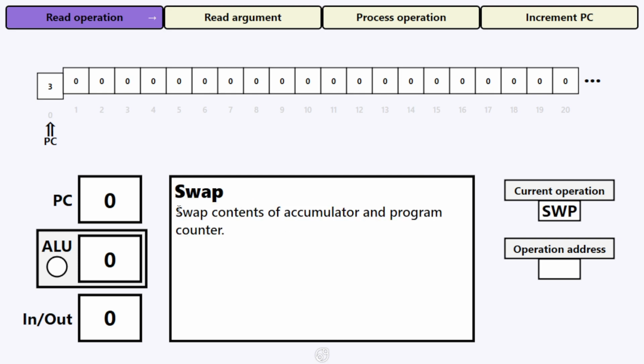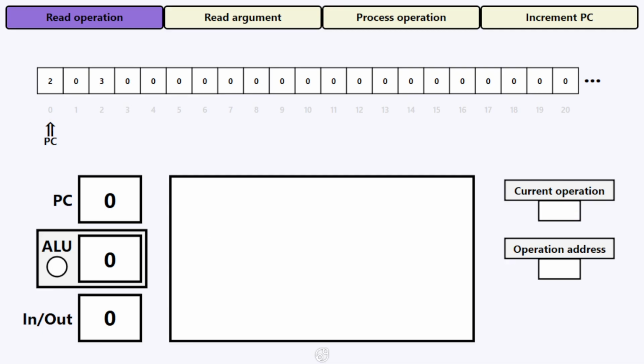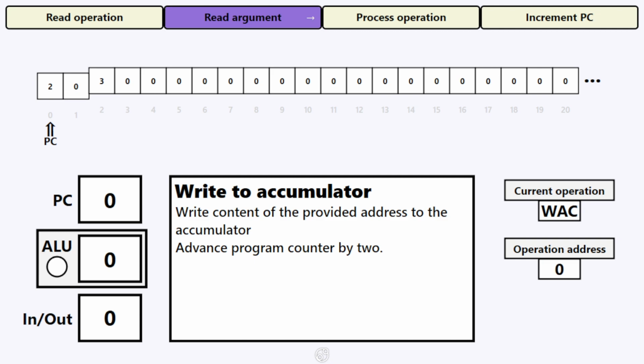Swap. Swap is an operation that... Actually, let's maybe write a little program that demonstrates that. Write to accumulator. Yeah, just go for that. Little program. So we write to accumulator.